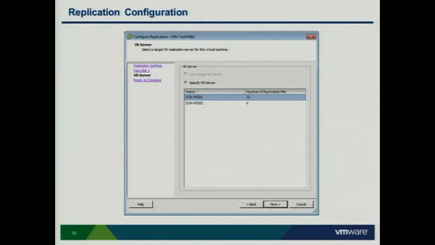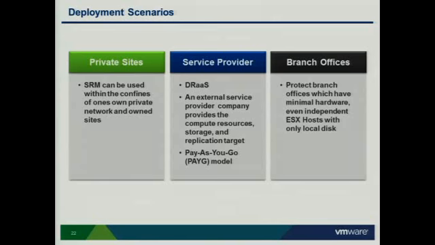The service provider scenario is where a service provider is providing disaster recovery as a service to its customers. And the branch office scenario, which is where you might have a distributed environment in your organization with multiple remote sites that require the ability to be protected from a disaster.